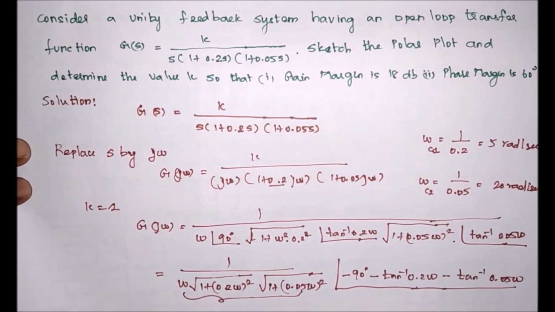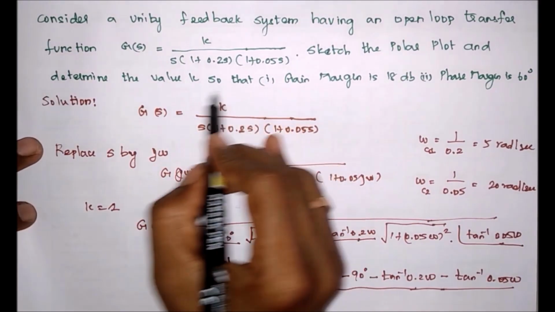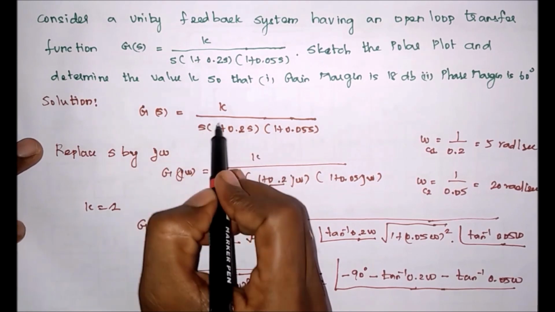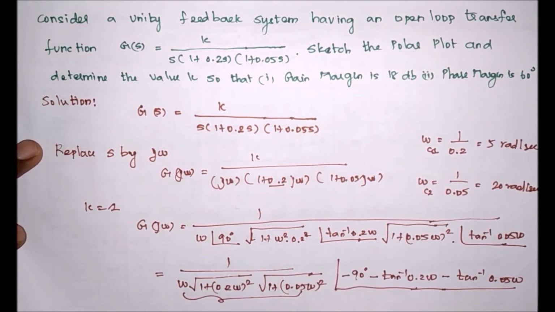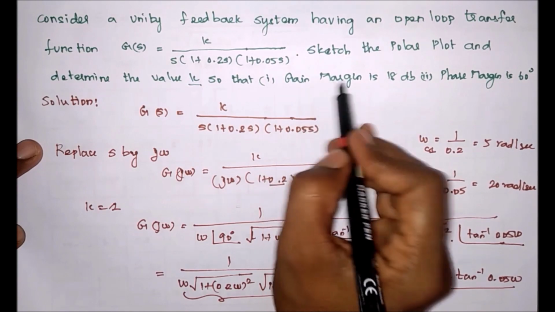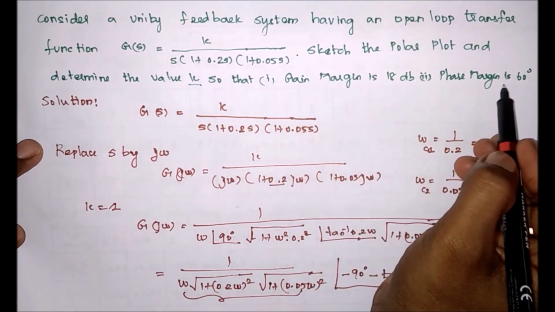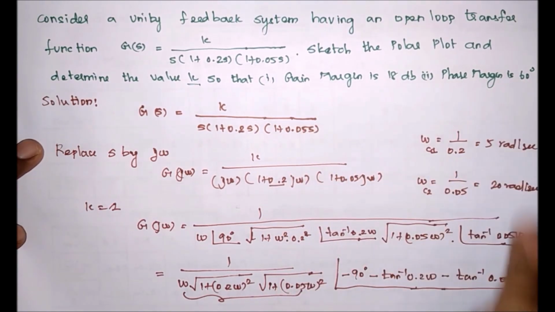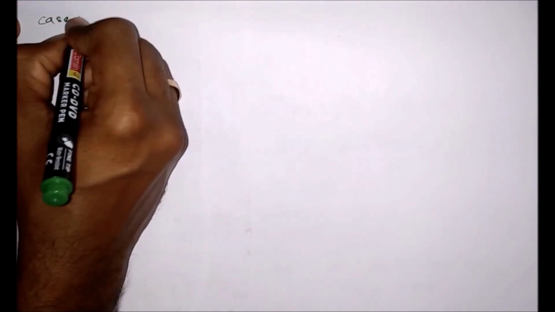From the given problem, we have considered K equal to 1. Then we proceeded and found the phase margin and gain margin values. But we have to determine the gain K. Gain margin should be 18 decibel. Phase margin should be 60 degree. Therefore, we see now case 1.